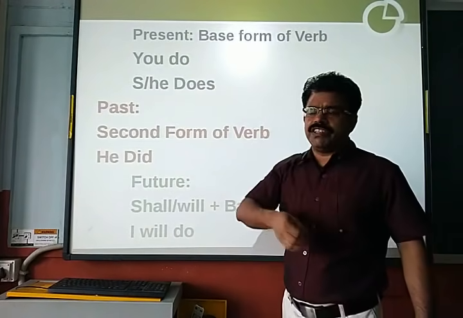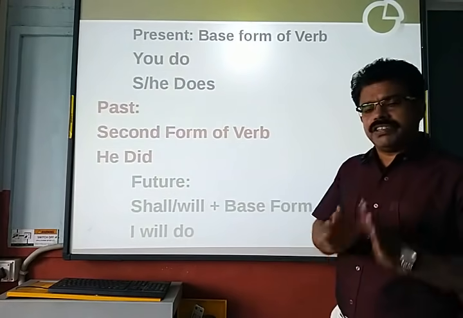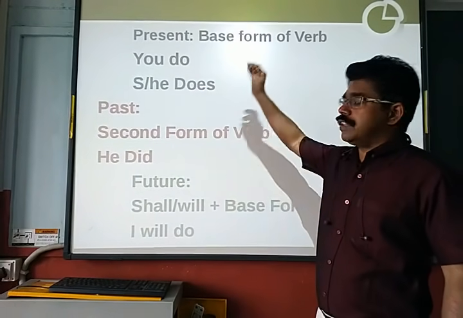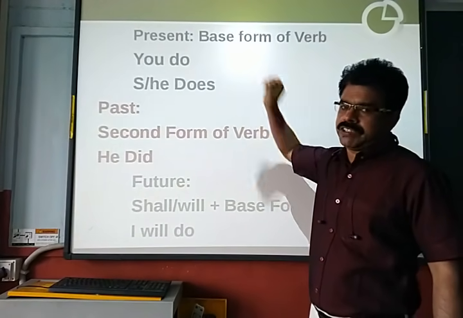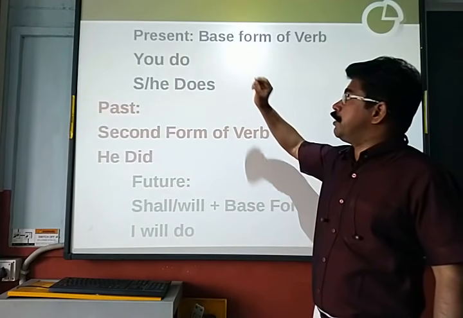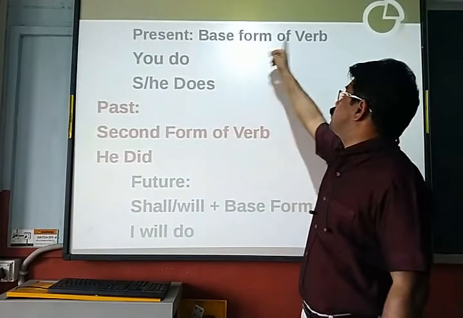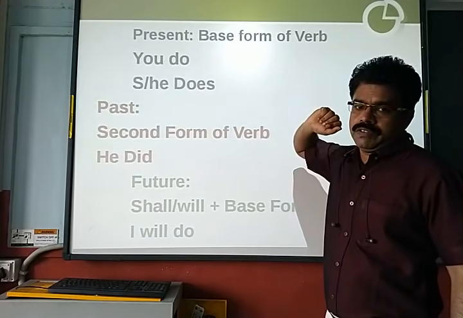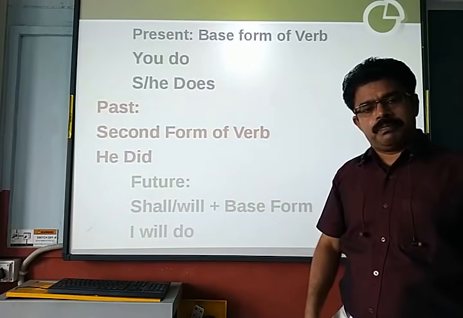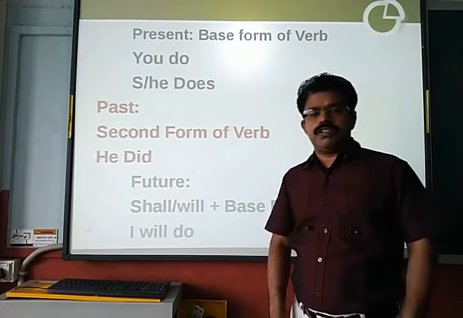When we generally say present tense, we just mean present indefinite or simple present tense. When we are using simple present tense, we use the base form of a verb. What do you mean by the base form? Base form is the natural form.